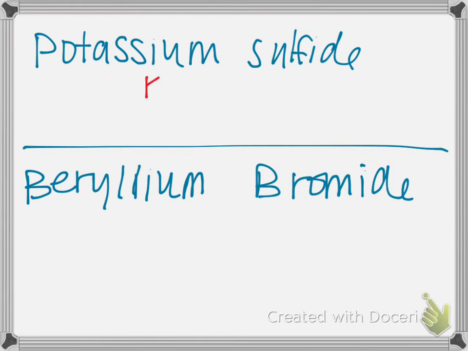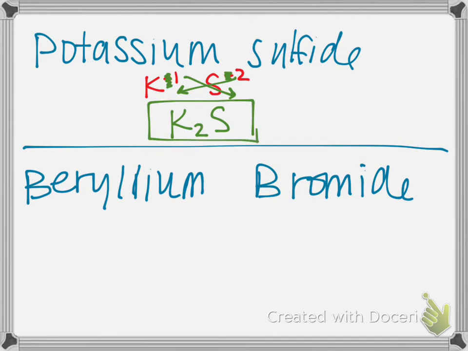So potassium is +1, sulfide is -2. If I'm going to do the crisscross method, I get rid of the charges, I crisscross them down, that leaves me with K2S1, but I leave the 1 off, so it just ends up being K2S. With beryllium bromide, beryllium is a +2, bromide is a -1.